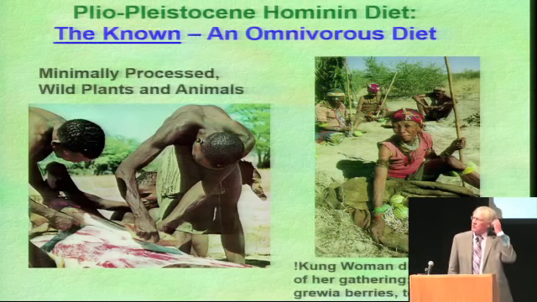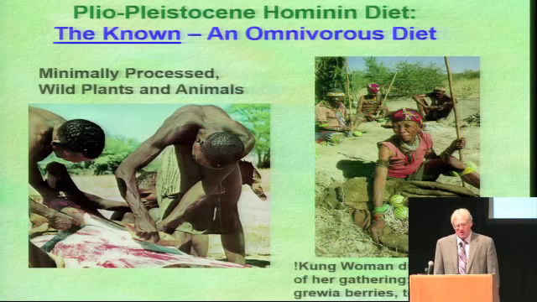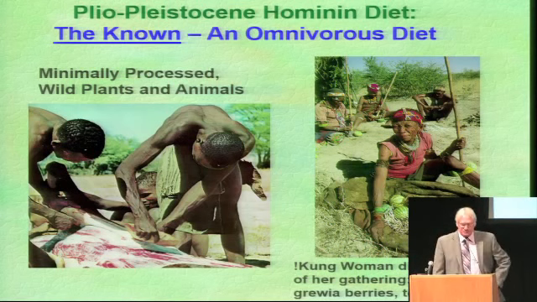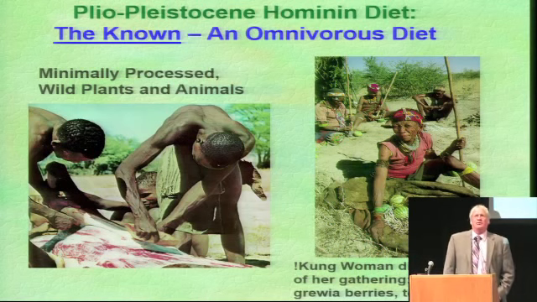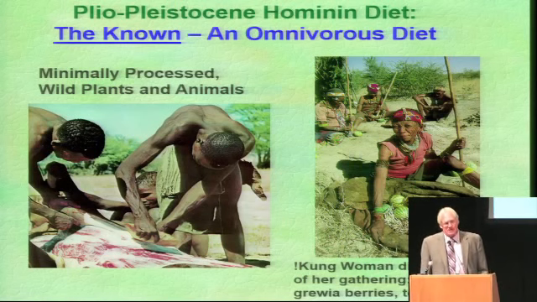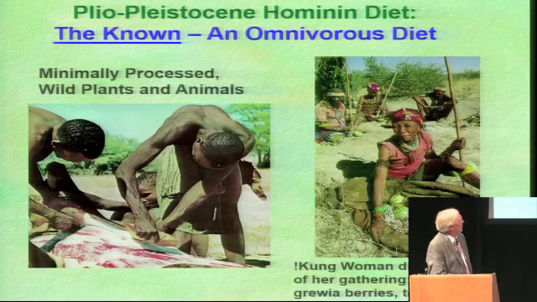All right, so what do we know about that Plio-Pleistocene period? What were they eating? We know that all species of hominids were eating both plants and animals, so they had an omnivorous diet. And this is kind of a cool slide in that the photographs that were taken here were taken in the late 60s and early 70s by an anthropologist by the name of Richard Lee in Botswana. Here we have a woman, and you can see these are the fruits of her gathering.